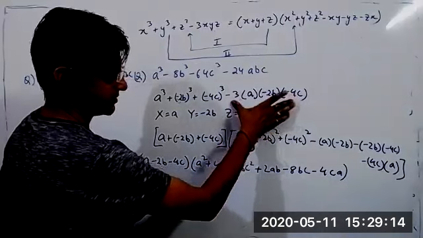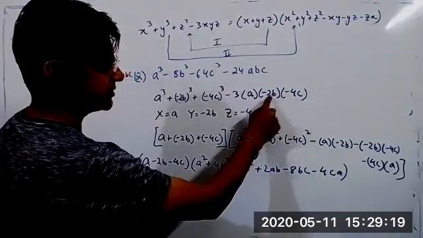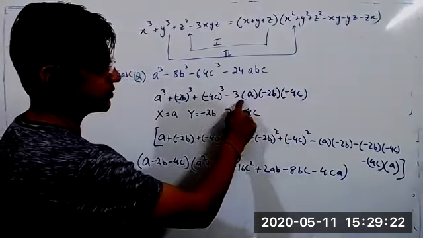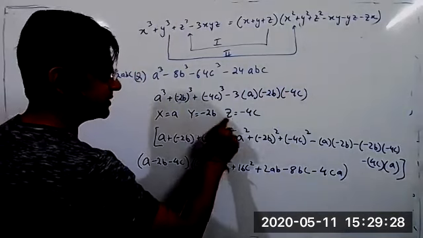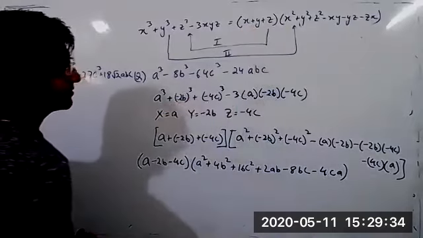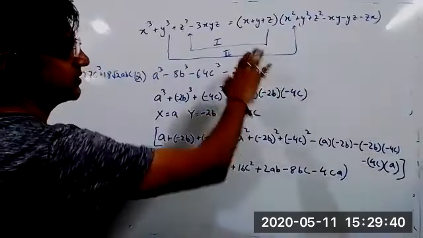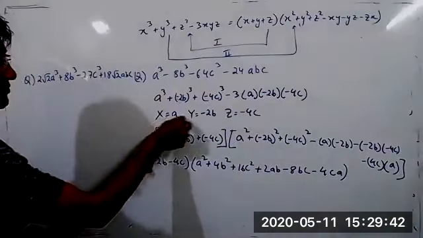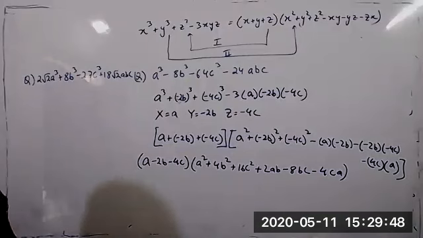If you expand this, this is minus 24abc. So we have derived that x is equal to a, y is equal to minus 2b, z is equal to minus 4c. Now you have to replace in this formula: x plus y plus z into x square plus y square plus z square minus xy minus yz minus zx. This formula you know. You just have to replace this value in this formula. Understood? Yes, sir. Punya, did you understand? Yes, sir.